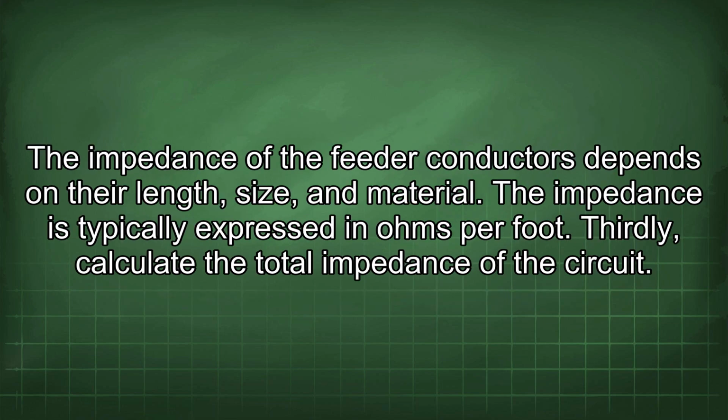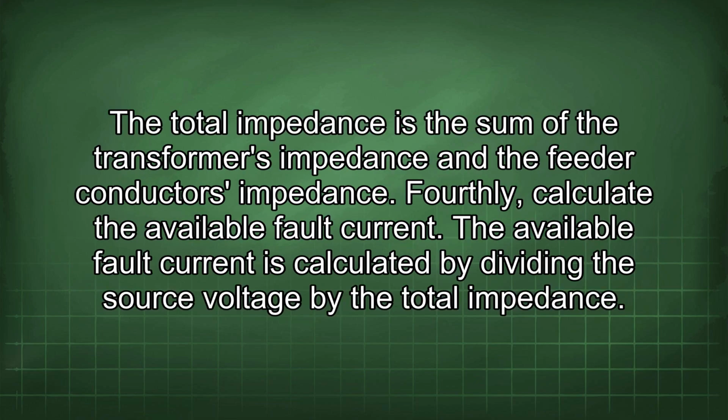The impedance of the feeder conductors depends on their length, size, and material. The impedance is typically expressed in ohms per foot. Thirdly, calculate the total impedance of the circuit. The total impedance is the sum of the transformer's impedance and the feeder conductor's impedance. Fourthly, calculate the available fault current. The available fault current is calculated by dividing the source voltage by the total impedance.